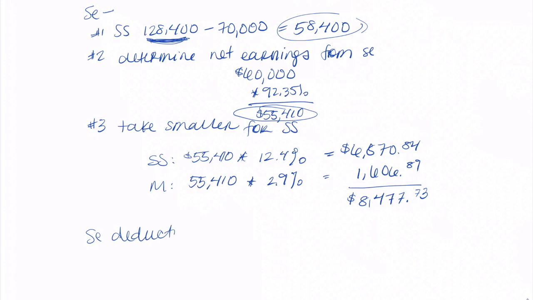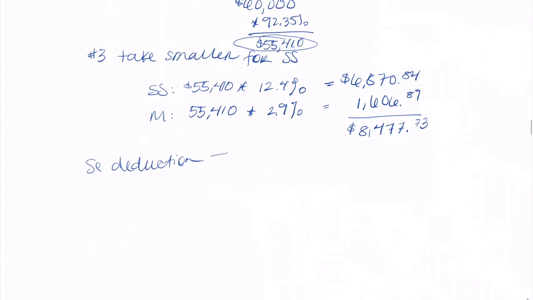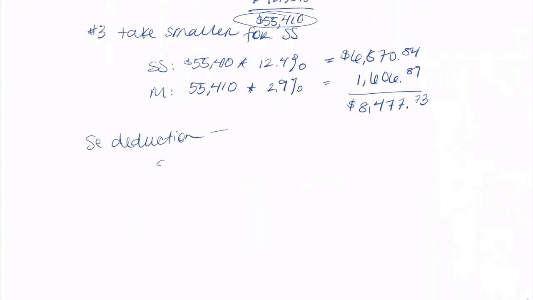Okay, our SE deduction. This is our for AGI deduction that we would be calculating. We would take for Social Security the $55,410 and multiply it by just the employer's share, so 6.2%, $3,435.42.